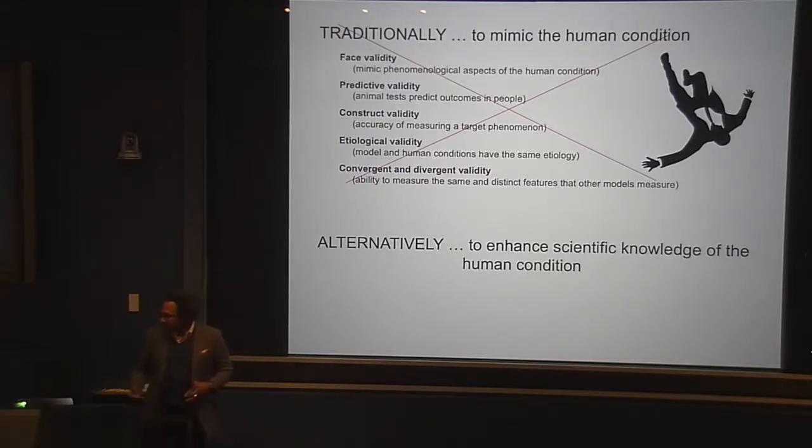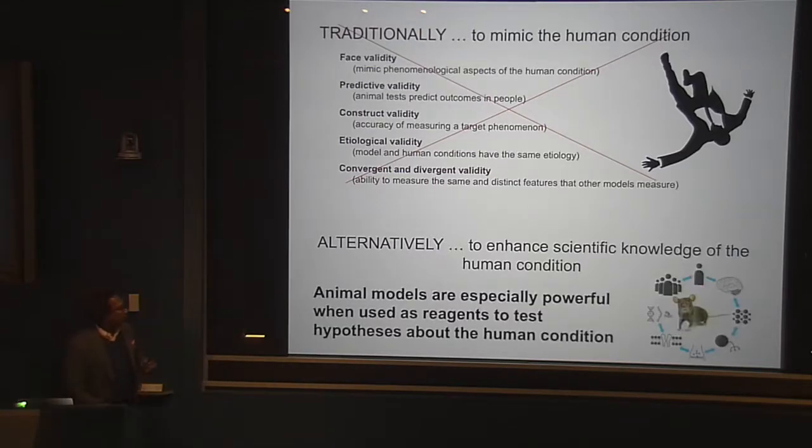And as a scientist, you can characterize that really by looking at it this way. These animal models are especially powerful, and I hope to convince you of that, when we use them not so much as subjects, but as reagents, right? The kinds of things you would go to a chemistry bench and grab so that you can actually evaluate or test hypotheses about what you know about the human condition. I'll give you a concrete example of that for the rest of the talk when we talk about the Fragile X condition.